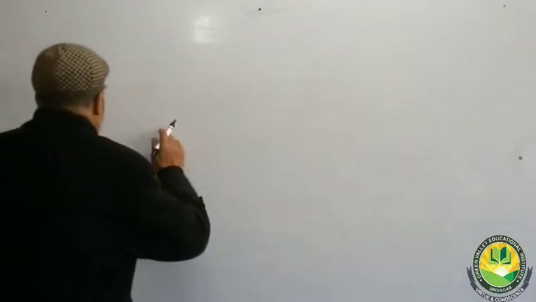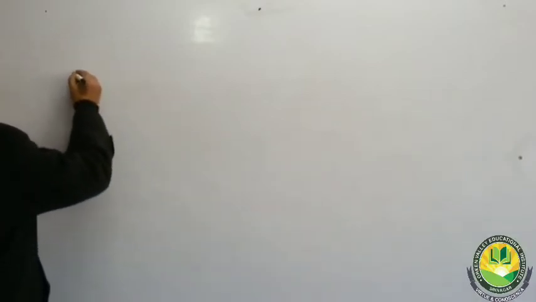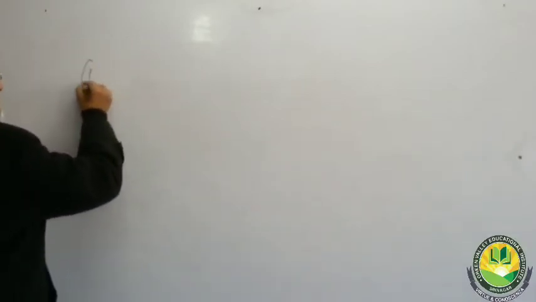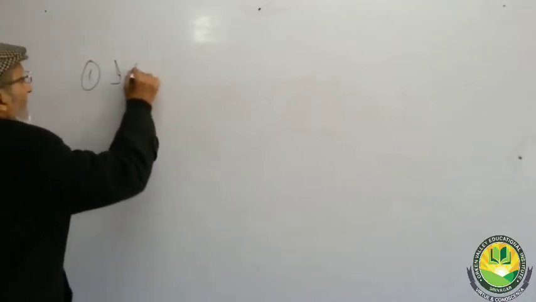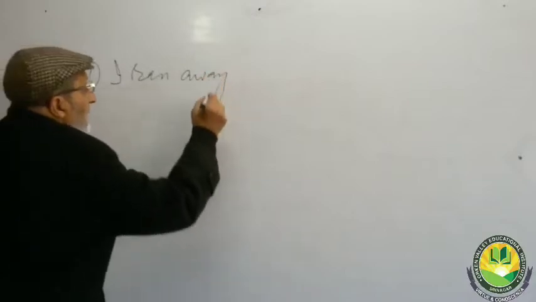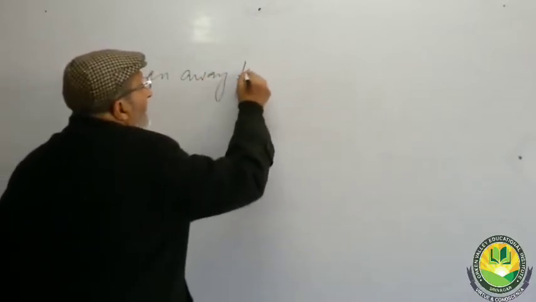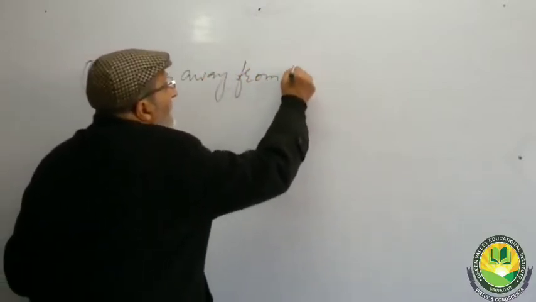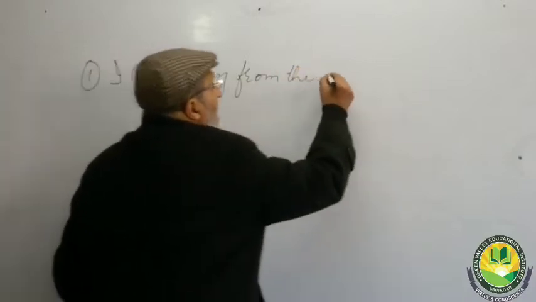In order to help you understand these different types of sentences, let's frame some examples, starting from the simple sentence. Remember, it is a sentence that uses only one verb. I ran away from the ground.